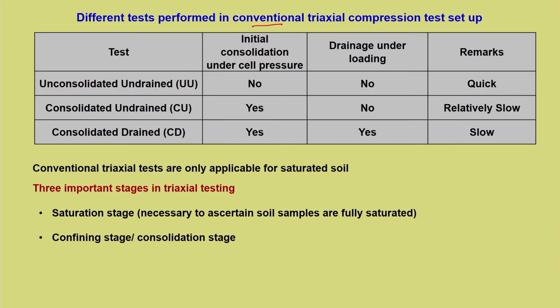We cannot guarantee that the soil sample we get from the field is saturated. So, first we check whether the soil is saturated. If it is not, then the first stage is to induce saturation in the soil sample. Then comes the confining stage or the consolidation stage, and finally the loading or the shearing stage. These are the three important stages in triaxial testing.